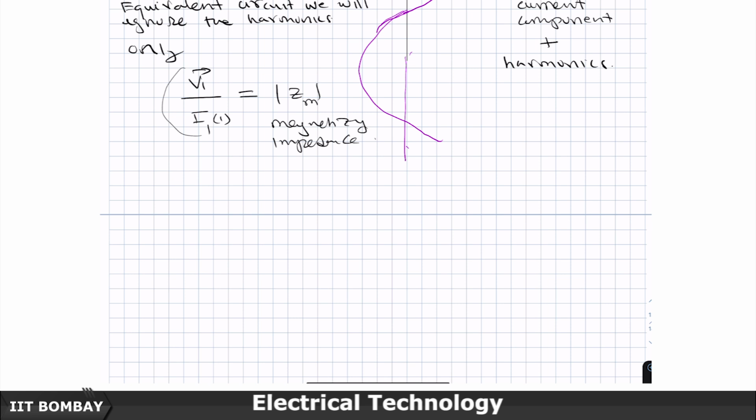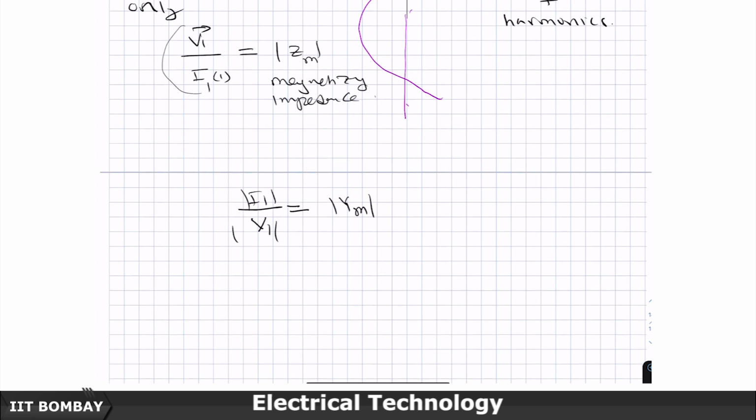if I look at the reciprocal of this, I will get the magnitude of the no load admittance, which has two things.